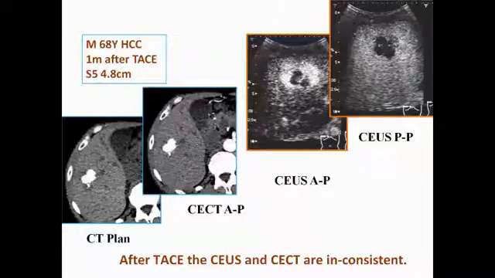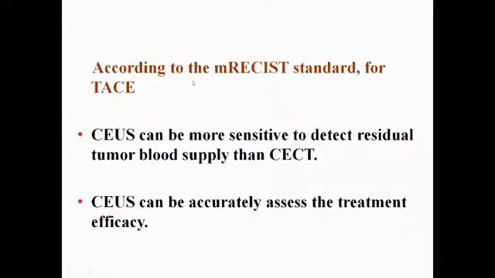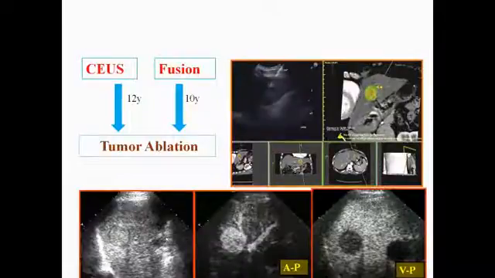So it's residual tumor in contrast ultrasound, but it's complete necrosis by CECT. So according to the mRECIST standard for TACE, contrast ultrasound can be more sensitive in detecting the residual tumor blood supply than CECT, and contrast ultrasound can be more accurate in assessing the treatment efficacy.